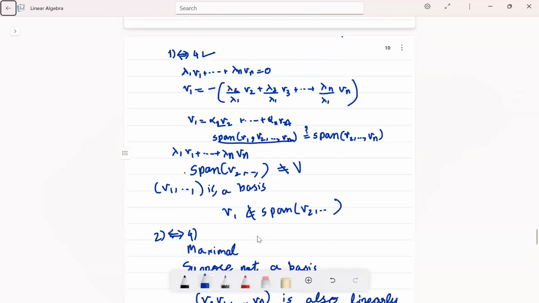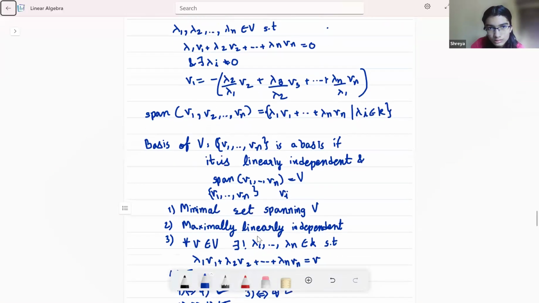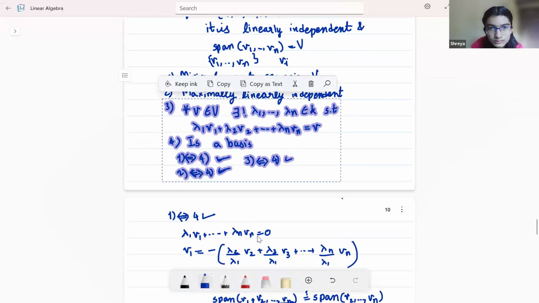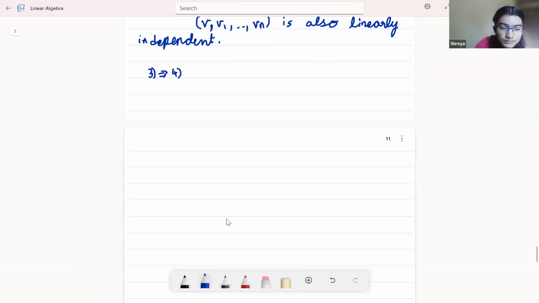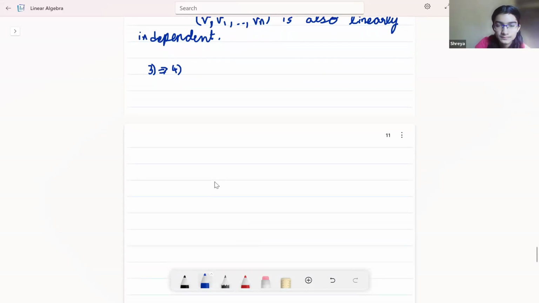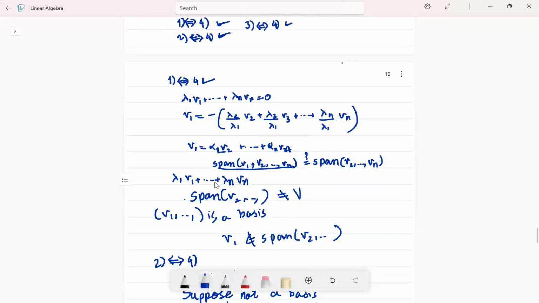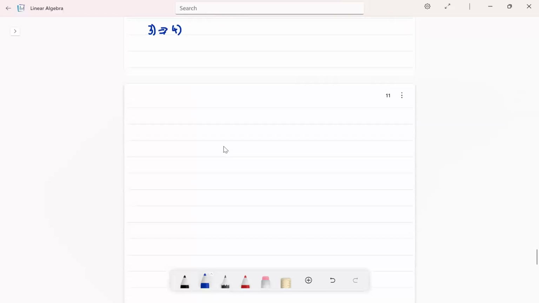Now let's do 3 implies 4 properly. I think the axiom of choice is not coming from the choosing. The axiom of choice over here would be because you are choosing using ordinals, right?